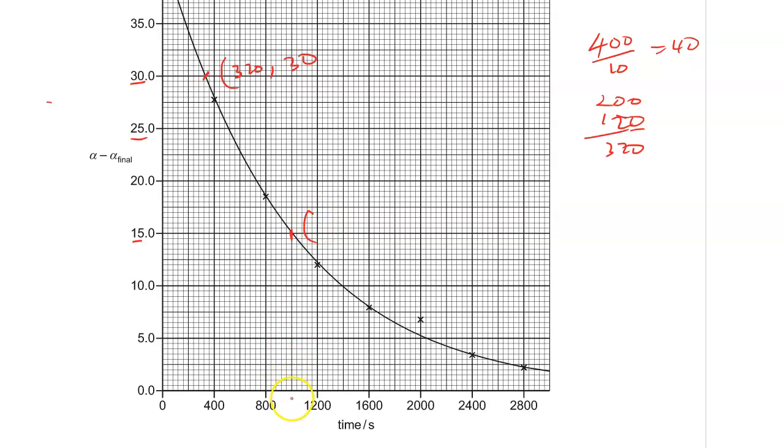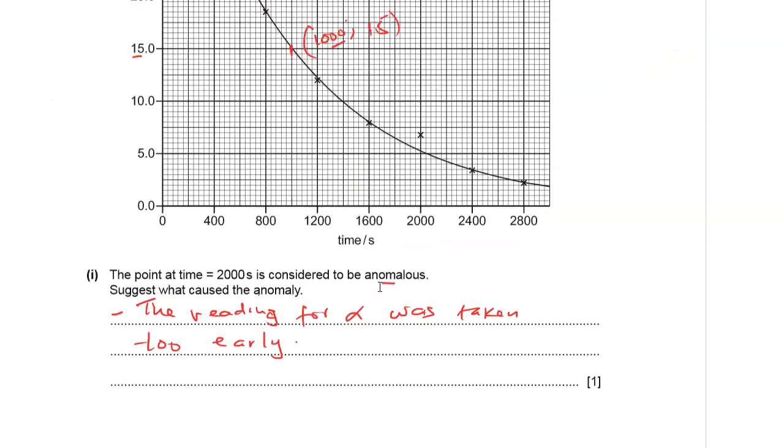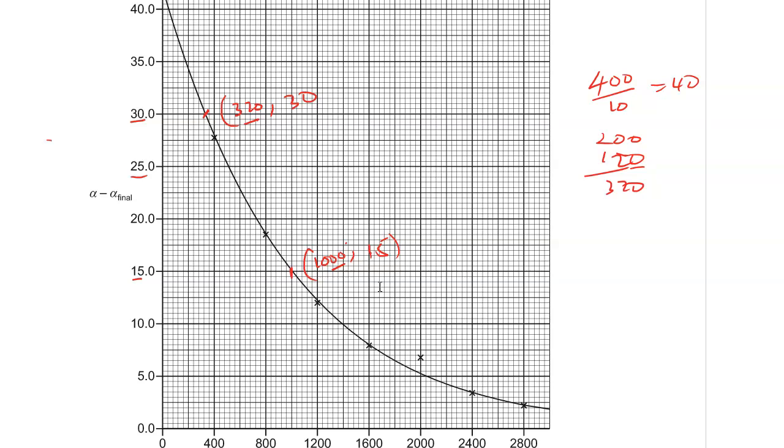This is 200. This is 100. This is 1000 against 15. So half-life is the difference between this and this. So the points that I've picked are 320 and 30, and 1000 and 15.